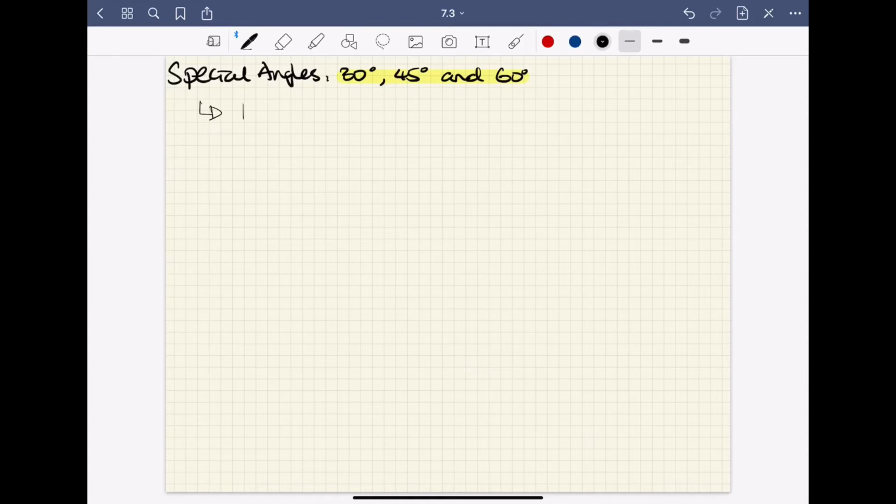Okay, so the trig ratios for these angles can be calculated in exact values.